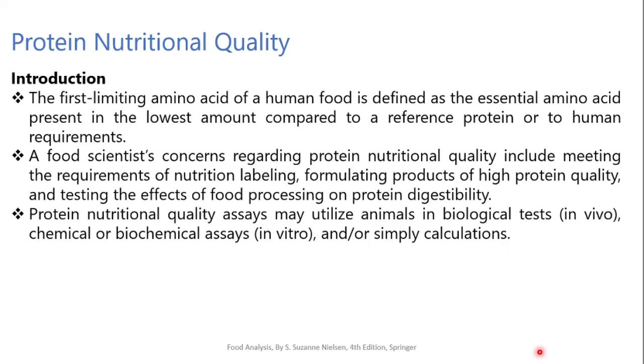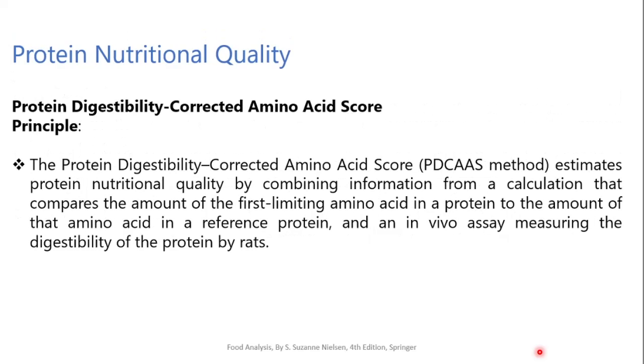The protein nutritional quality assays may utilize animal biological tests, that is in vivo, and chemical or biochemical assays, that is in vitro, where we study under an artificial environment, or simply calculations to find out the protein nutritional quality. Then the first parameter is the protein digestibility, from which we can find out the corrected amino acid score.